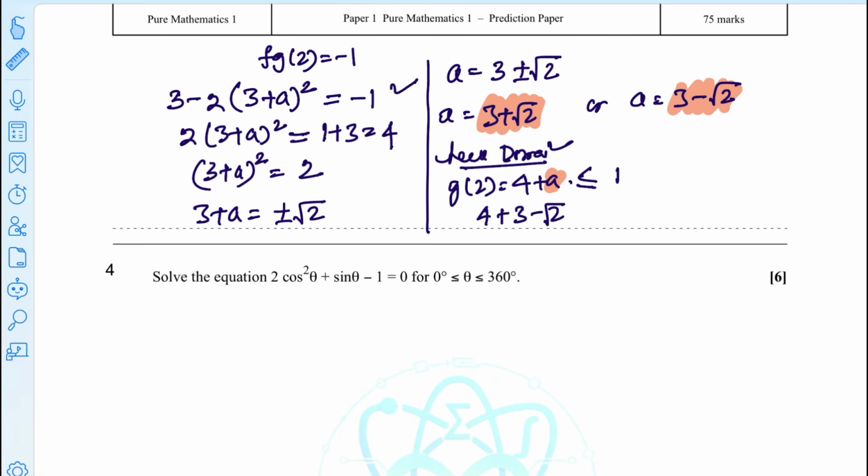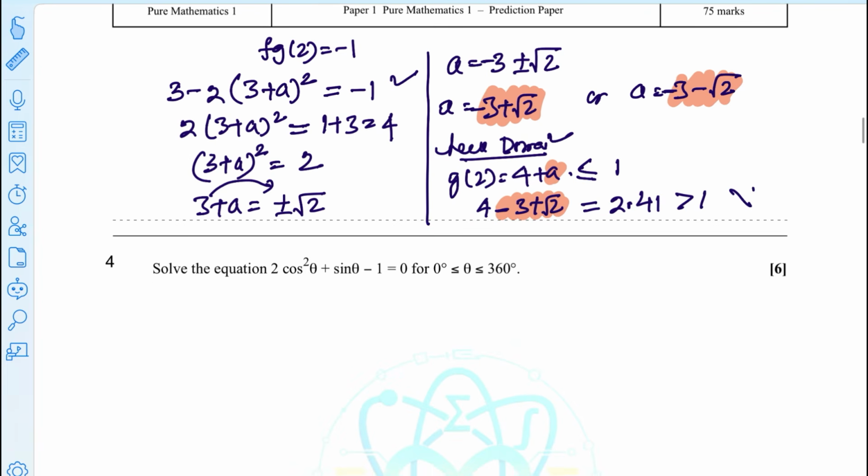This is minus 3, because when I move this 3 it will be minus 3, right? Let me correct this. Yes, so 4 minus 3 plus root 2. If you see this, I put the value here, that equals I think 2.41, and this value is greater than 1. So I'm not going to take this value, right?